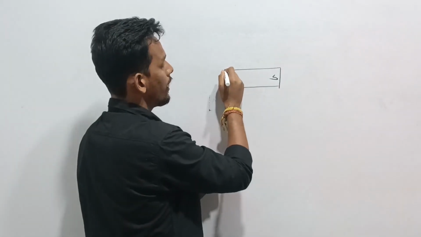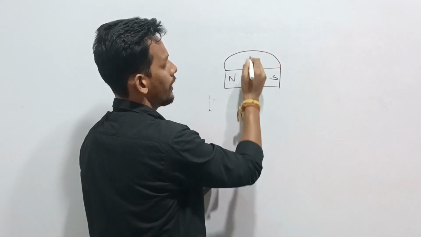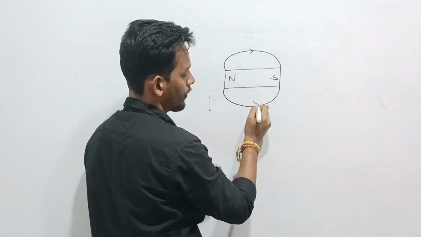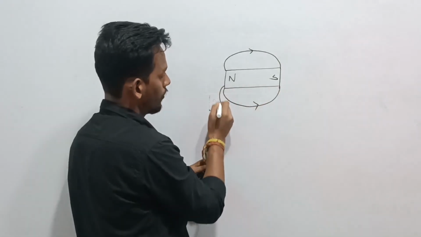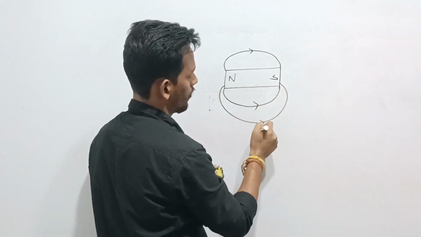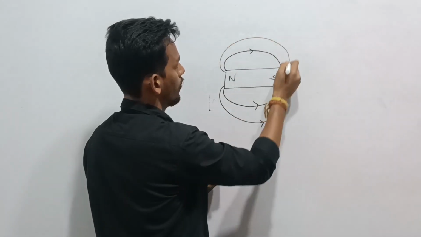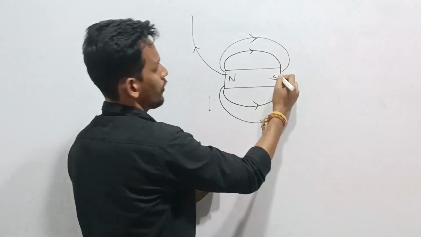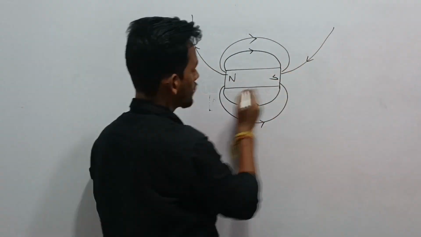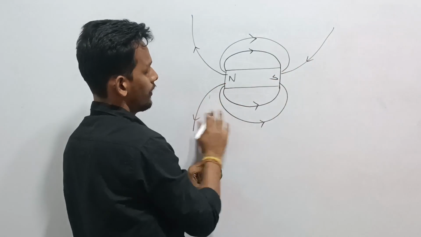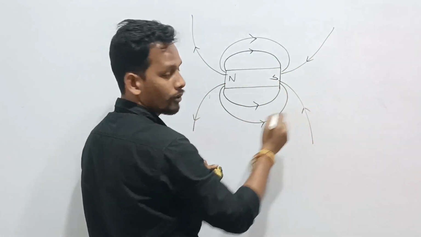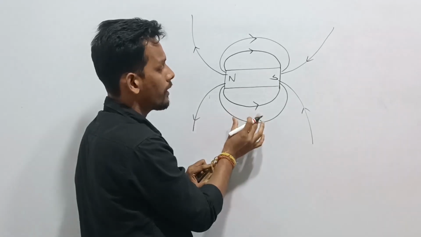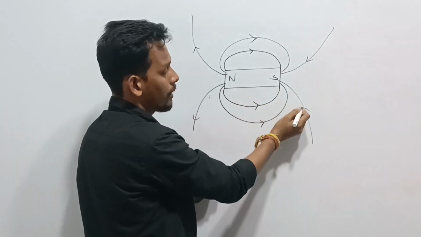Here the magnetic field lines arise from north and end at south. The radius of the circular part may be very large, so you can join a circle also, but only by using a compass can you find out in which direction the field lines travel.